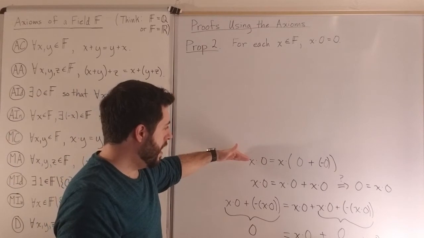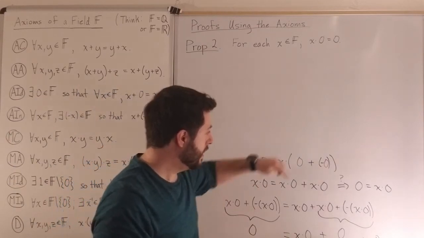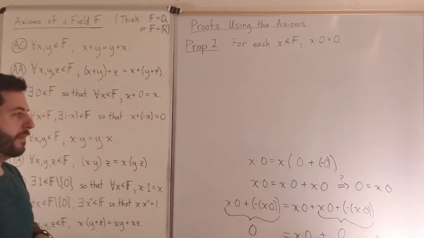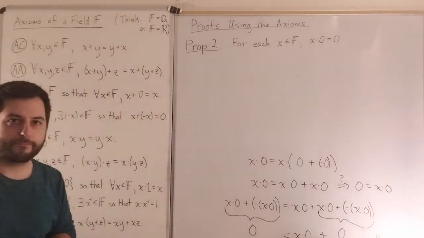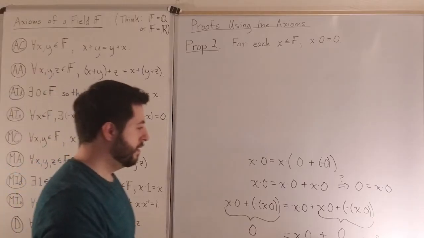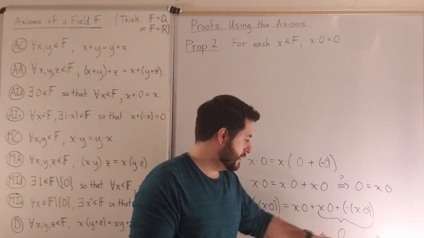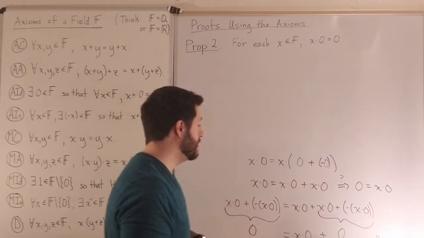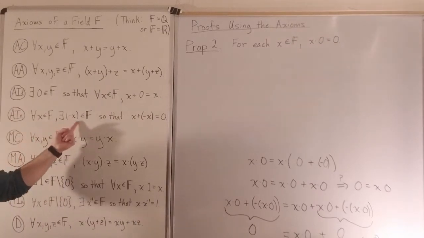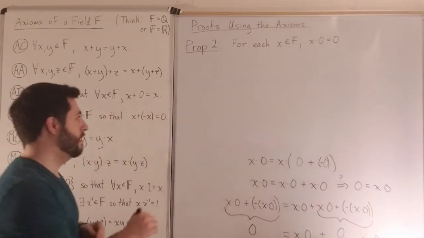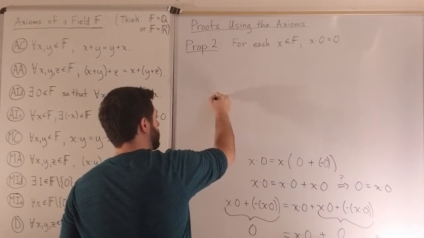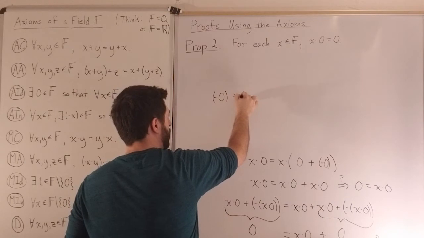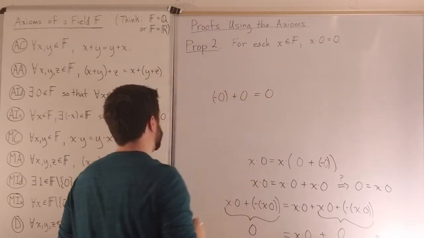So the next thing we need to show is that the opposite of 0 is 0. So how might we go about doing that? So notice that whenever you add 0 to something, it doesn't change it. And there's a defining property for the opposite of 0. Right? The opposite of anything is defined by this equation right here. Okay, so there must exist this opposite of 0, so that when you add it to 0, you get 0.